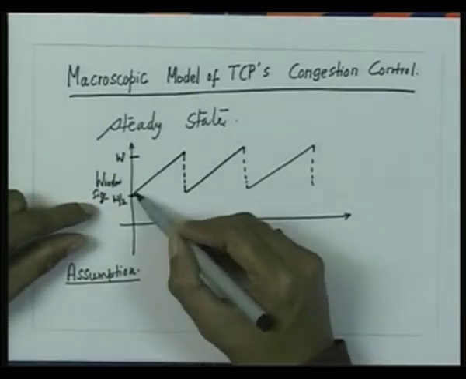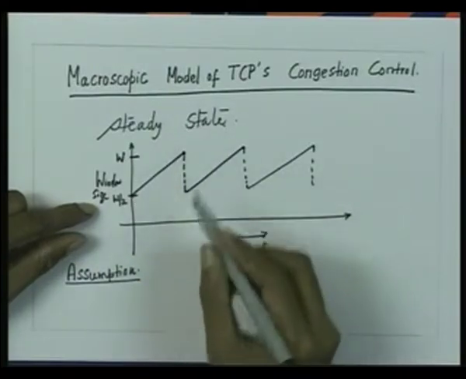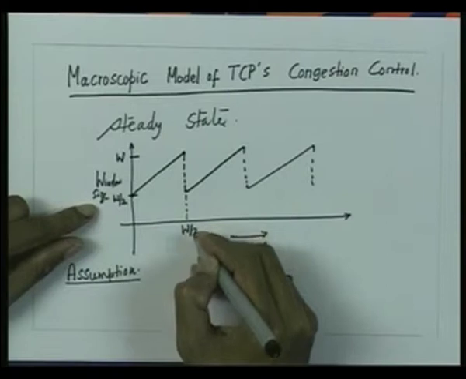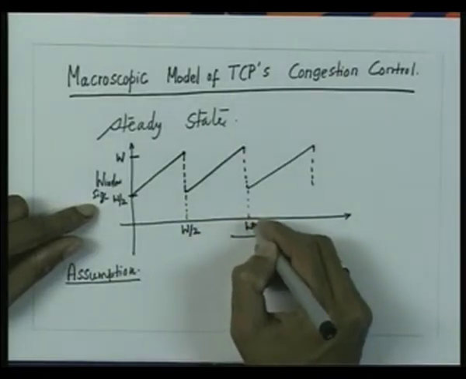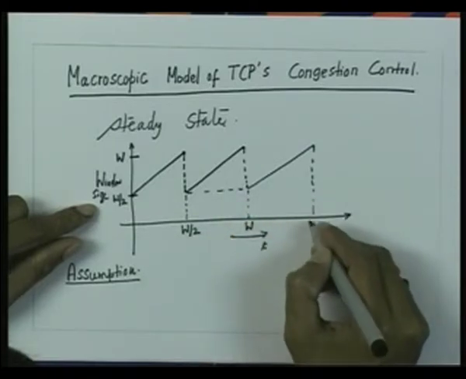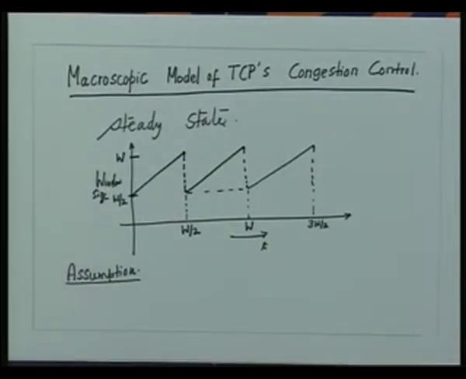So the window size is of the order of W by 2, this is W, and this is 3W by 2. We are following the equation that W is equal to W plus 1 during every RTT.